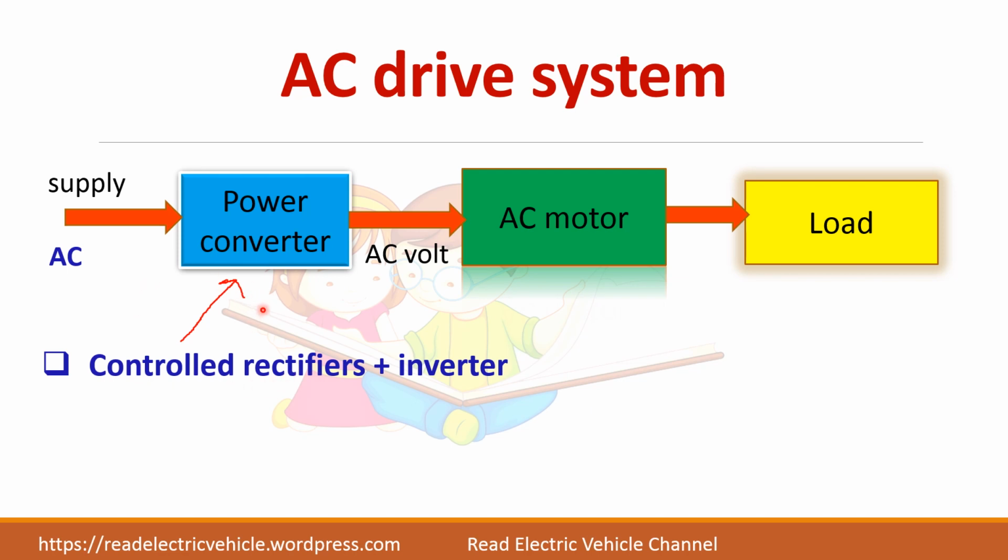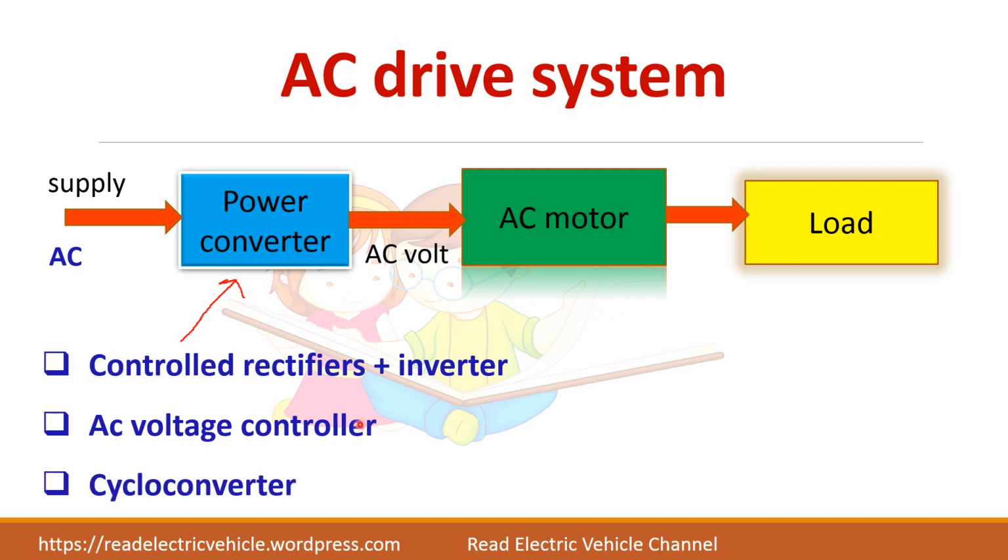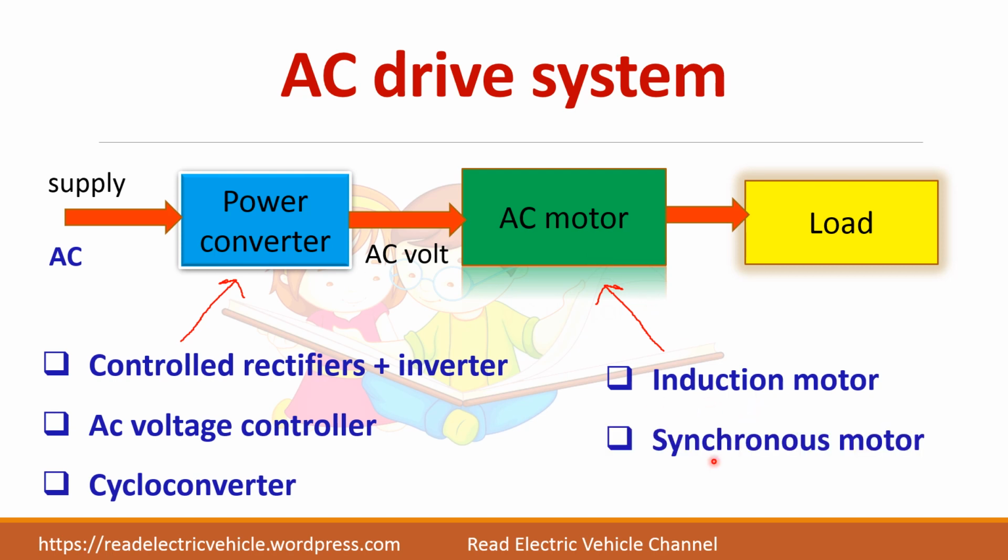Again you need an AC, so the inverter will convert the DC to AC. Or directly you can use an AC voltage controller or cycloconverter in case you want to change the frequency at this stage. And the AC motor can be any induction motor or synchronous motor.